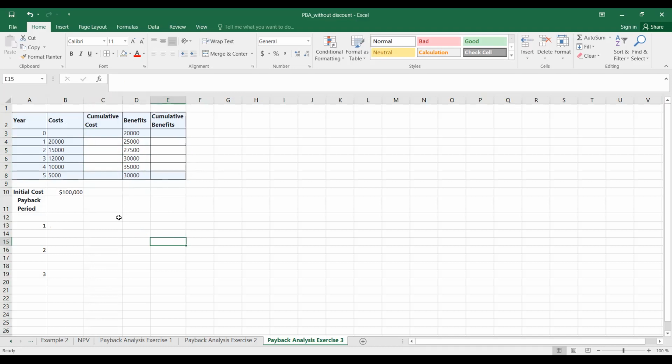Find the cumulative costs, find the cumulative benefits, and also find out the payback period. You have 15 minutes to get this done.